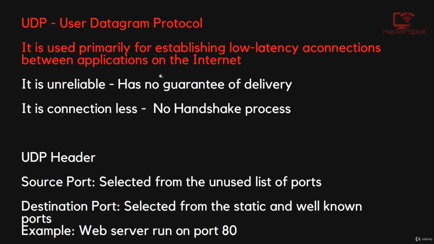For example, it will target port 80, where you have your different protocols running. You have your web server running on port 8080. Sorry, that is not supposed to be port 80, but port 8080. So that is the UDP, or User Datagram Protocol.